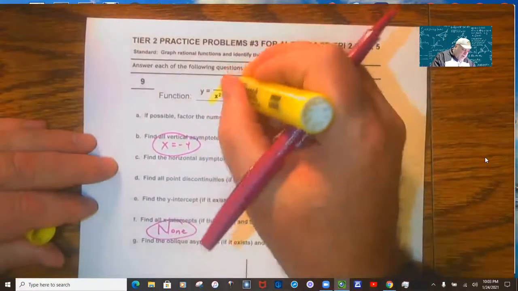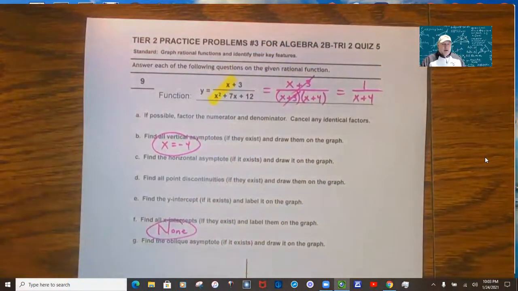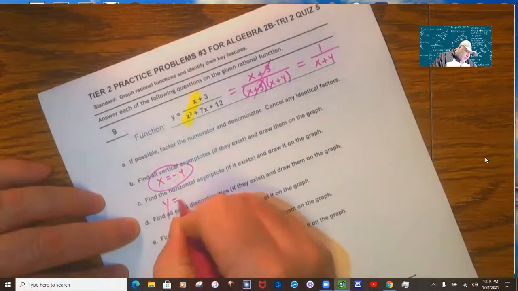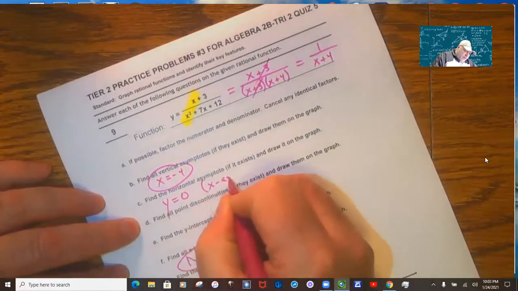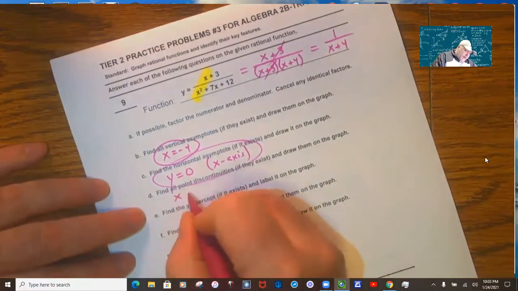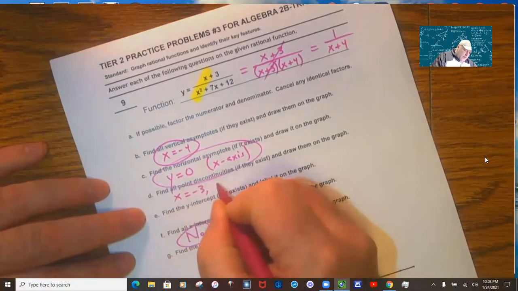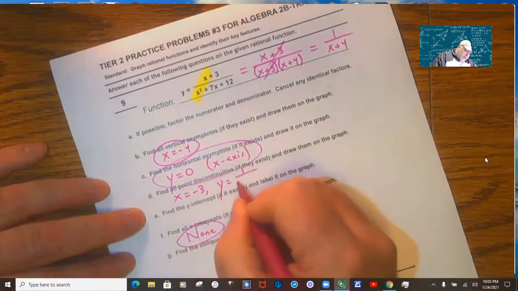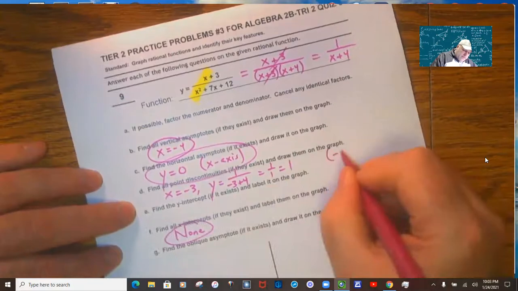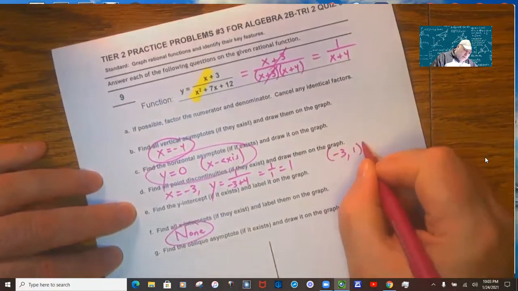So it's automatically 0 because the power is higher in the denominator. And that's the x-axis. So it's an automatic answer. Find all point discontinuities. So at -3, and then the y is going to be 1 over -3 plus 4 is 1. So -3, 1.